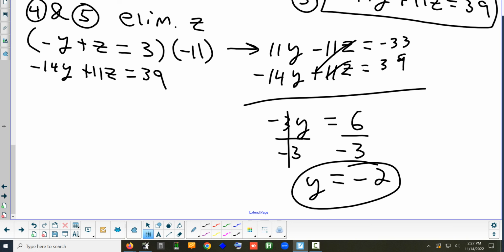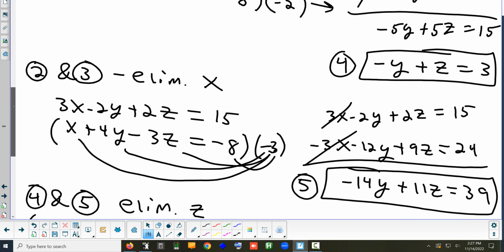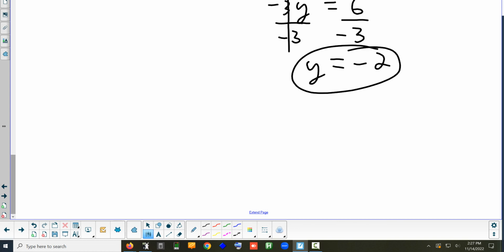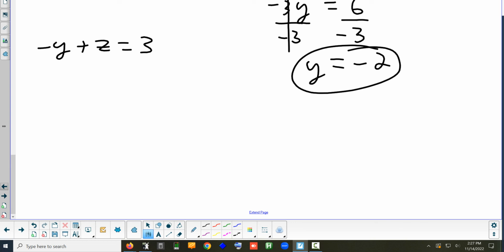Now, work your way back with substitution. I would use equation 4 to now solve for z. Negative y plus z equals 3. Let's just copy that here. What was it again? So z comes out to, you said 5?